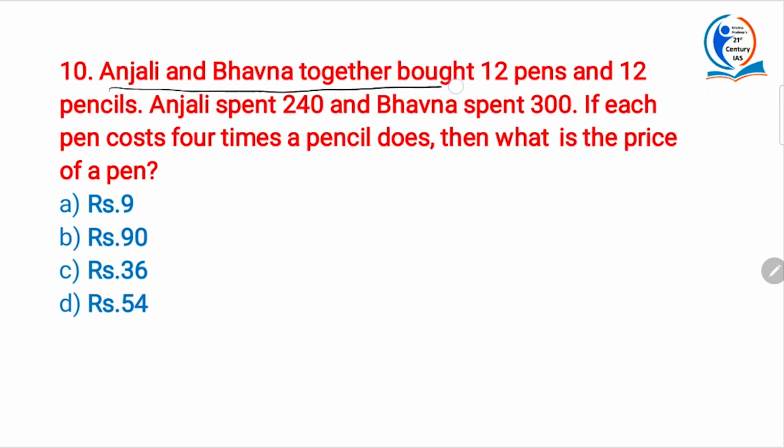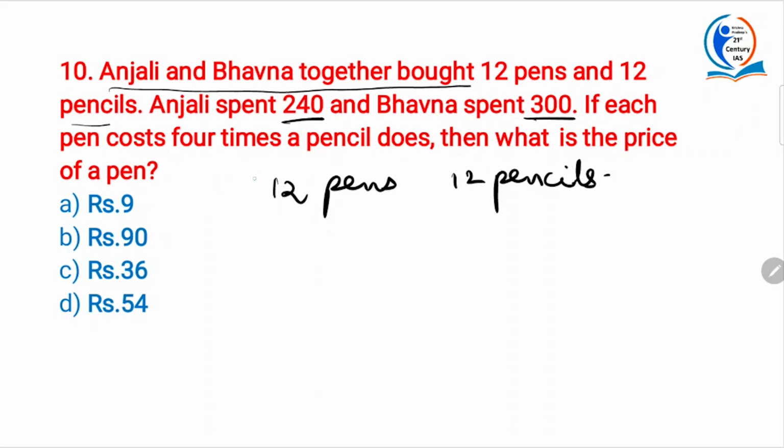Anjali and Bhavna together bought 12 pens and 12 pencils. Anjali spent 240 rupees and Bhavna spent 300 rupees.